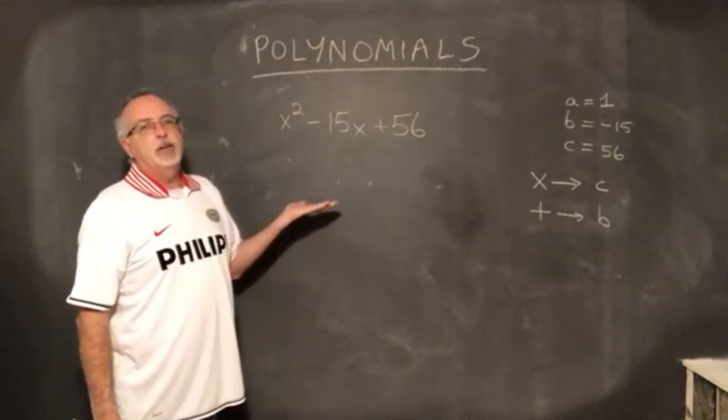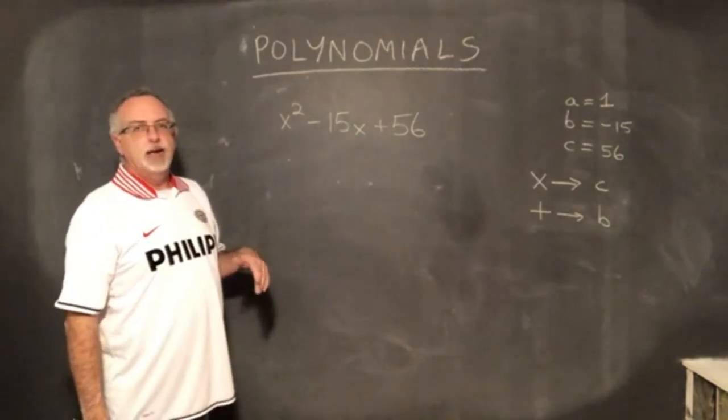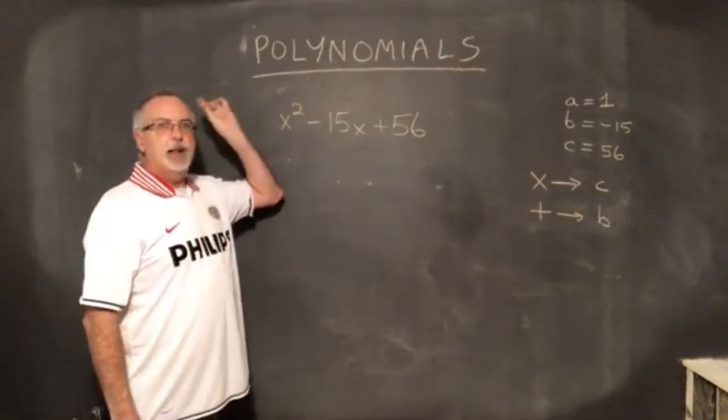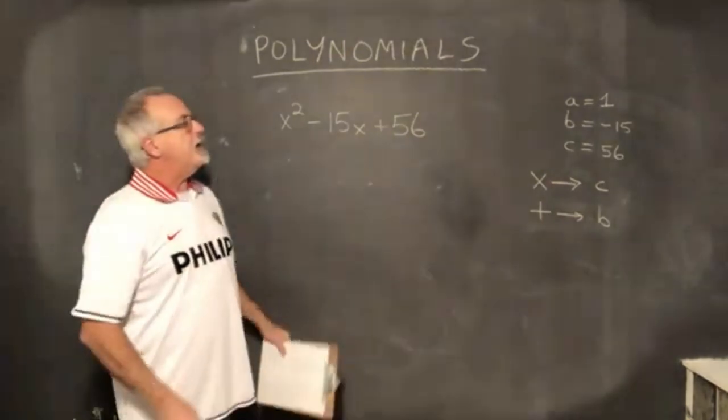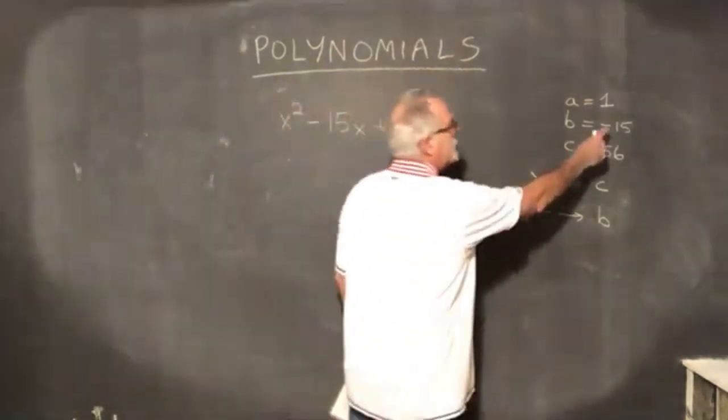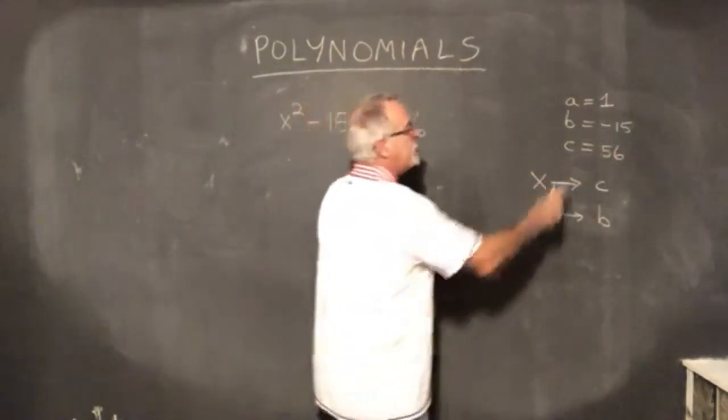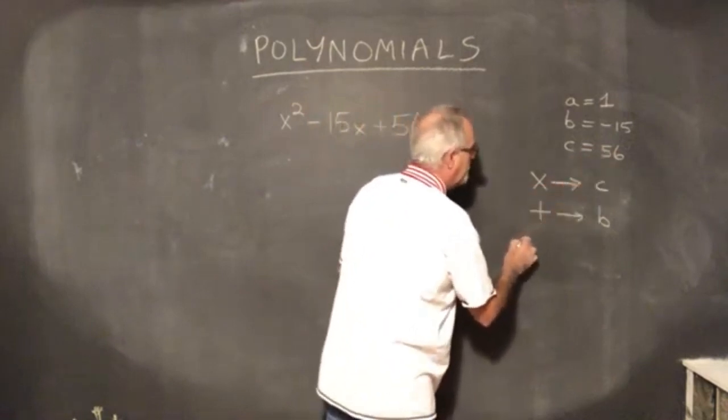56. Come on, we've all learned our multiplication tables. 56 rings a little bell in our brains. That's 7 times 8, or 8 times 7. So negative 7, negative 8. Yes, negative 7 plus negative 8 is equal to negative 15. Negative 7 times negative 8 is equal to positive 56.